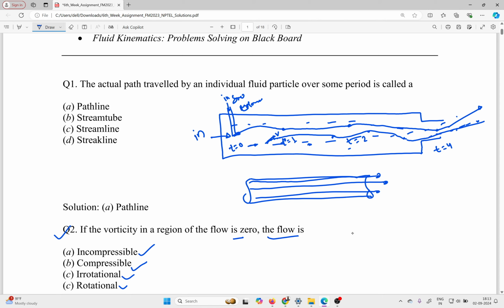Let us suppose one fluid domain is here, and in some region the vorticity is 0. Then what is such a flow known as? Incompressible flow, compressible flow, rotational flow, or irrotational flow? Please comment in the chat box.